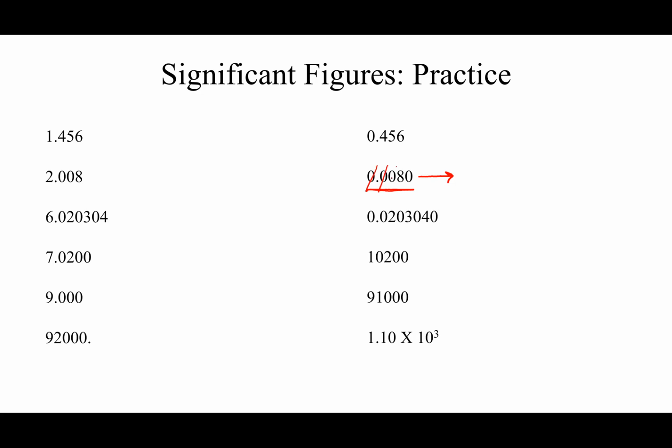One, two, three. You have these 3 zeros. According to the rule, these 3 are not going to be considered as significant figures. The rule does not say anything about this last 0. If it doesn't say anything, it means you are going to count that 0 as a significant figure. So let's count how many digits we are left with: 1 and 2. So the answer is 2 significant figures.